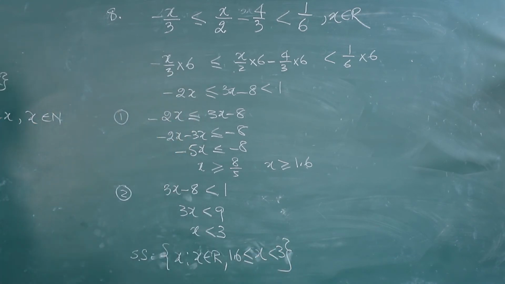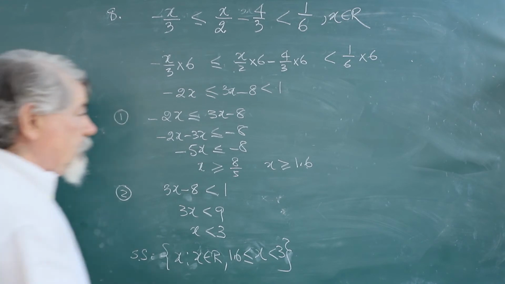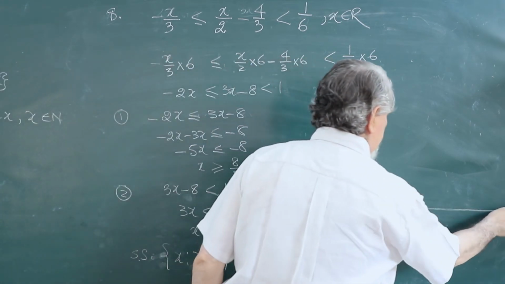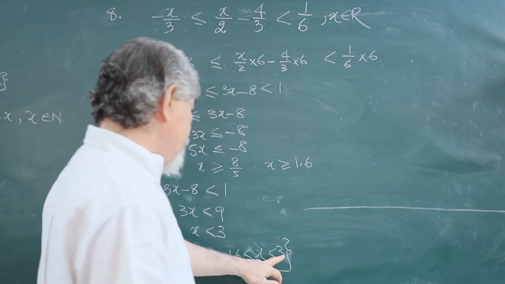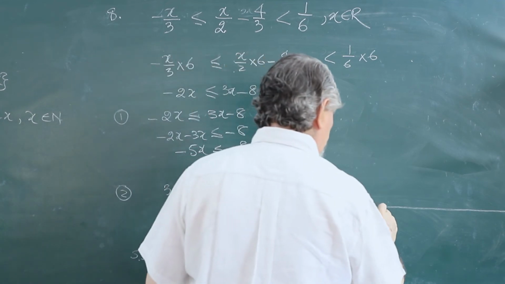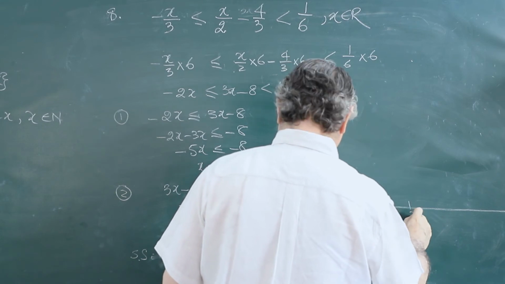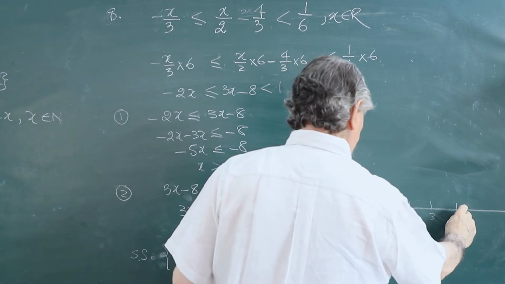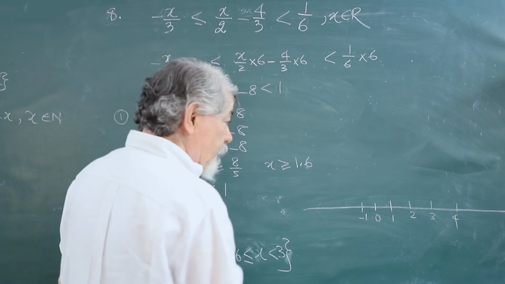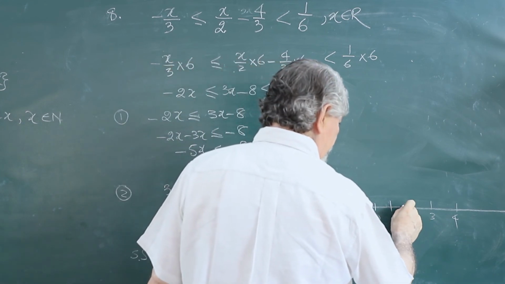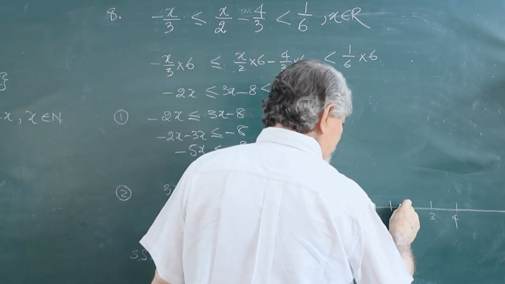Now I have to plot it on the number line. So again we will plot the number line like this. It is 3 and 1.6 actually. So 0, minus 1, 1, 2, 3 and 4. 1.6 will be somewhere. 1.5 will be exactly in the center.